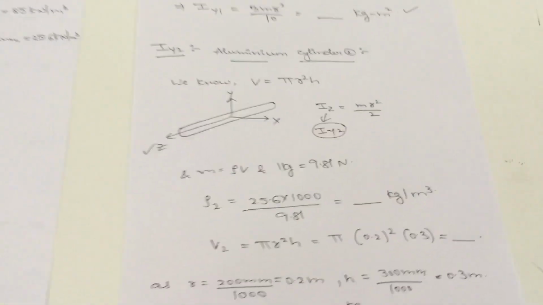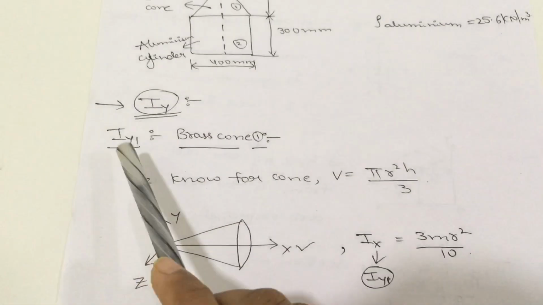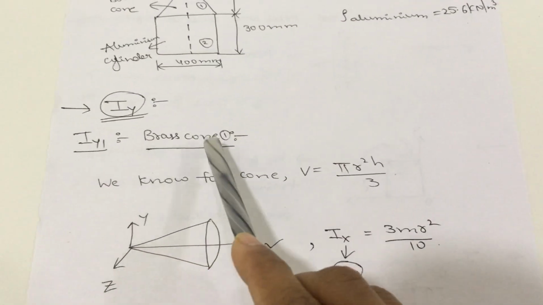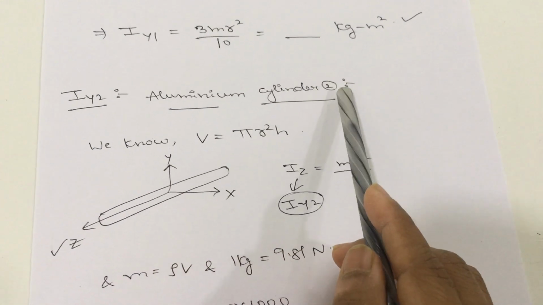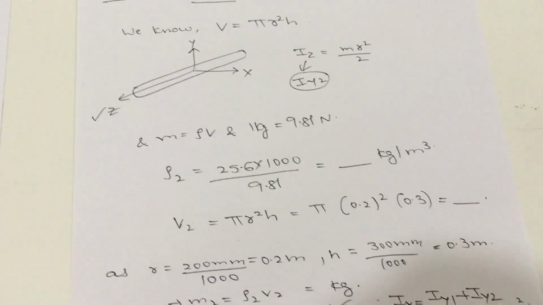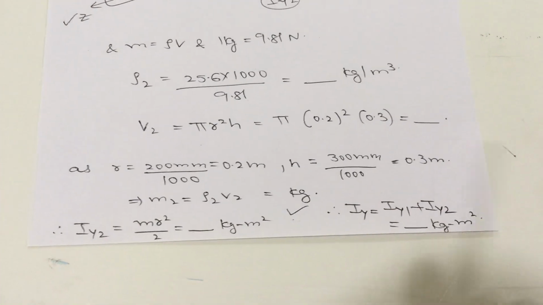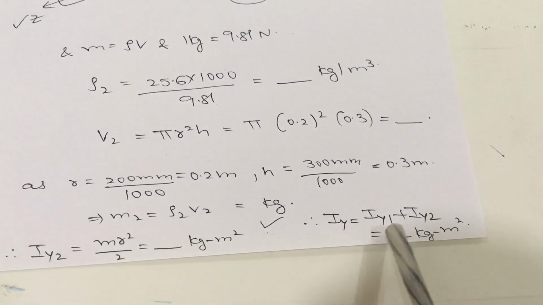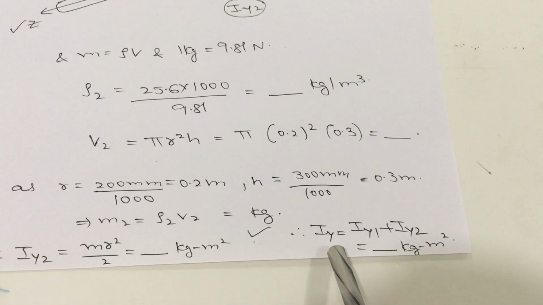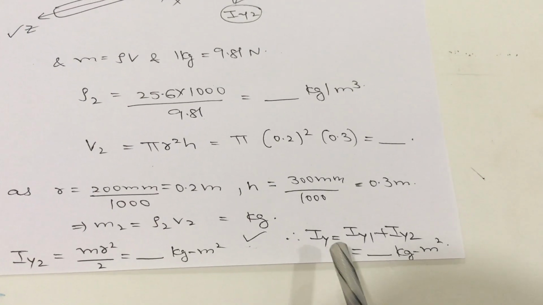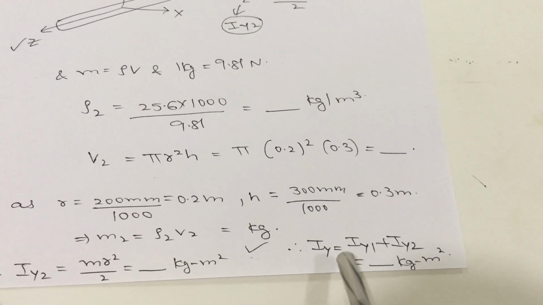Now we have calculated IY1 for the brass cone, the first section, and IY2 for the aluminium cylinder, the second section. Now, as it is a composite body, we need to add both the values. So IY1 plus IY2 is nothing but the total mass moment of inertia about the vertical geometrical axis for the composite body.